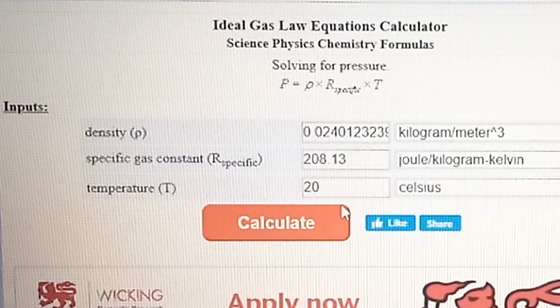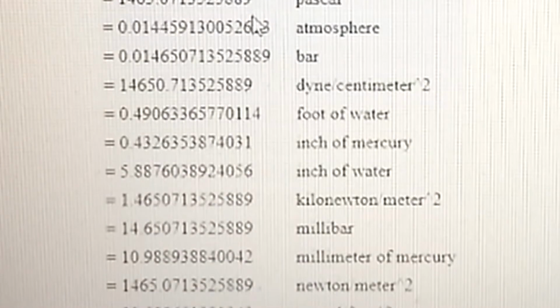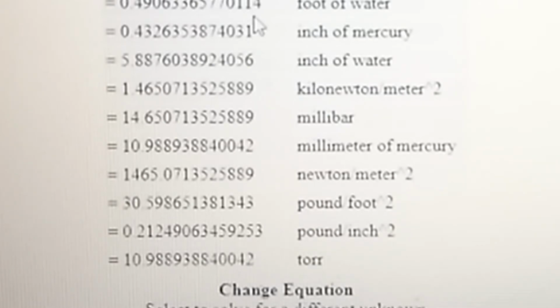And so therefore, if we hit calculate, which I believe has already been done, we move down to the measurements which I use, which is millimeters of mercury. That is the measurement I prefer to use because those are the gauges I use, and I'm familiar with it.